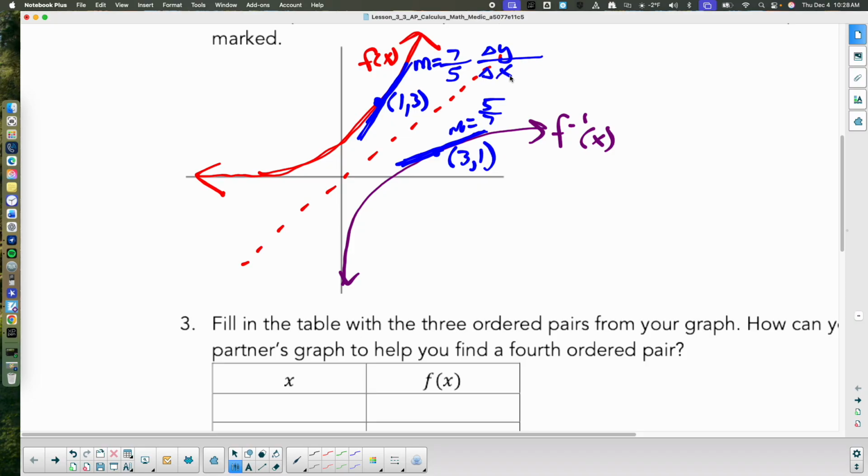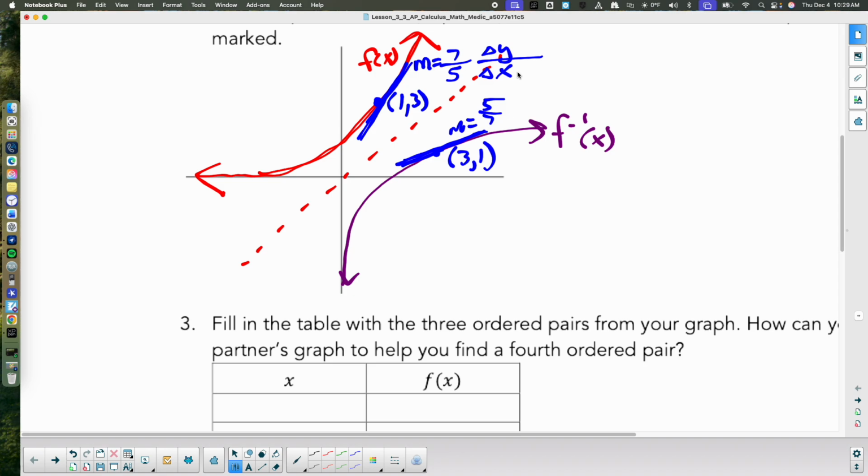And if you do an inverse, the whole point of an inverse is you're swapping the x's and y's. So that would mean your inverse slope has the x's and y's flipped upside down. So 5/7 should make sense if you put all that together, but inverse can absolutely mess with your brain if you're trying to think of it too hard, especially in the middle of a problem.